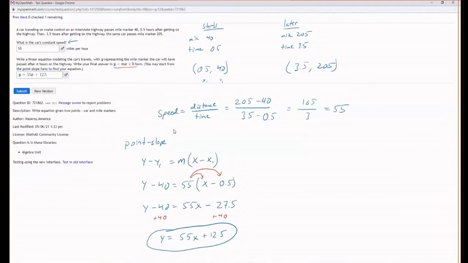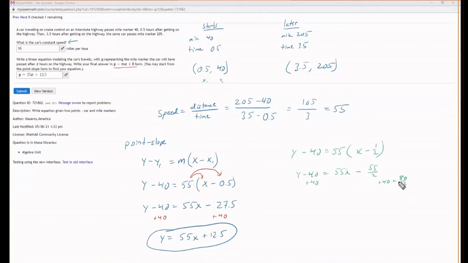Okay. Like I said, you could have done this with fractions also. I'll just show that it's actually not so bad. So y minus 40 equals 55 times x minus a half. Distribute the 55, so I'll just have 55 halves. 40 is equal to 80 halves.